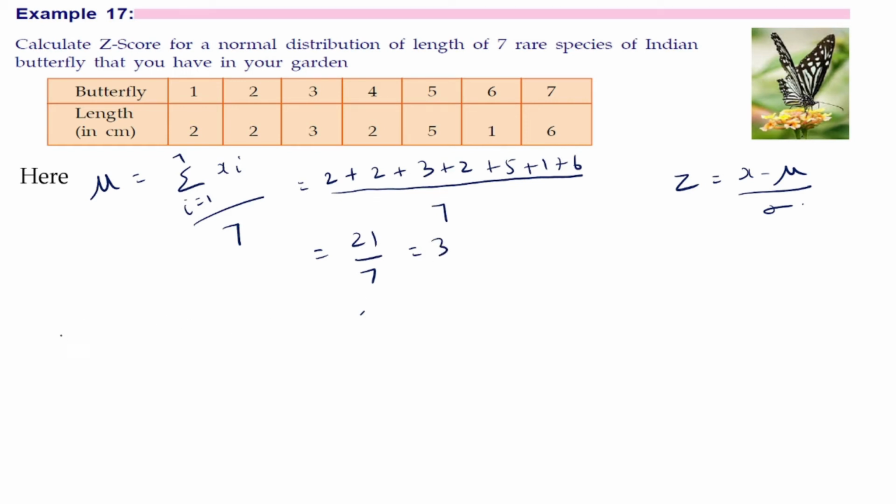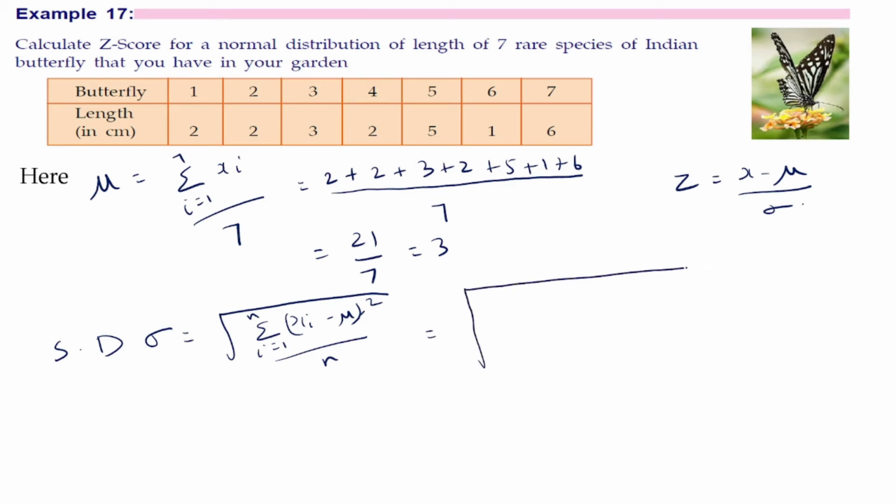Then we will find the standard deviation sigma. Standard deviation sigma, I just now told you the formula, is summation i is equal to 1 to n xi minus mu the whole square divided by n. So this is equal to root of, so these are xi's 2, 2, 3, 2, 5, 1, 6, all these are xi's and mu is 3 we just now found.